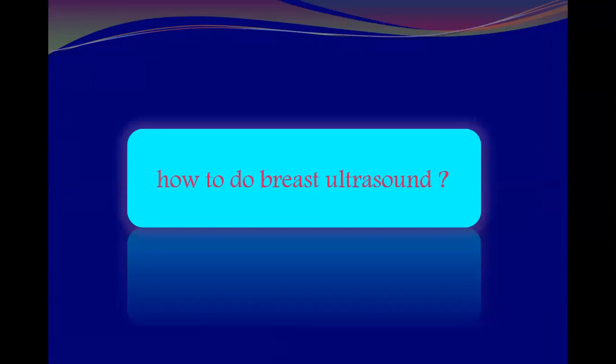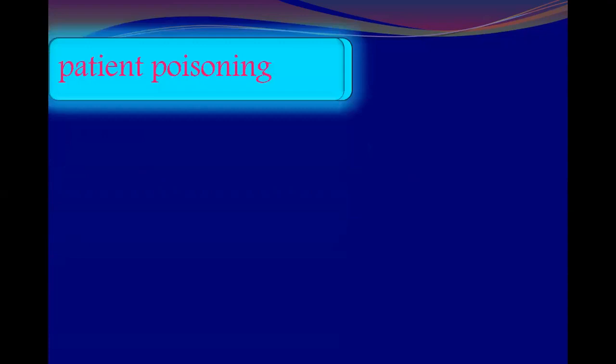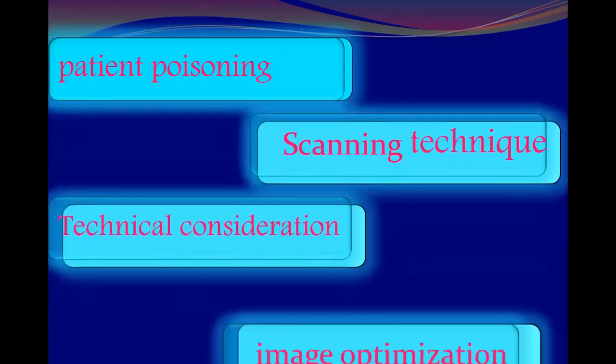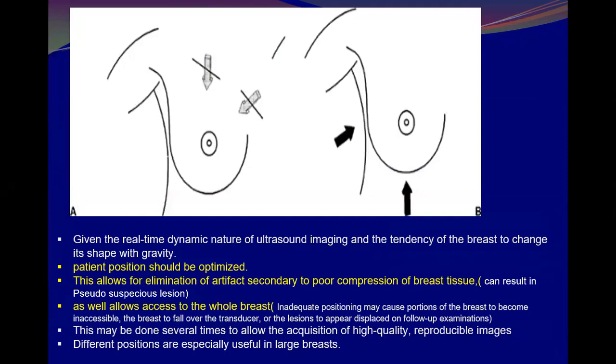That is why we would like to discuss together how to do breast ultrasound and how to optimize the images, going through patient positioning, scanning technique, and technical considerations to reach image optimization. As you know, the breast is a pendulous structure, a mobile structure.